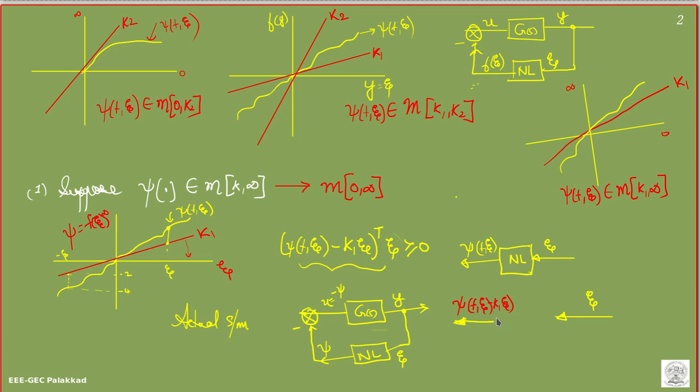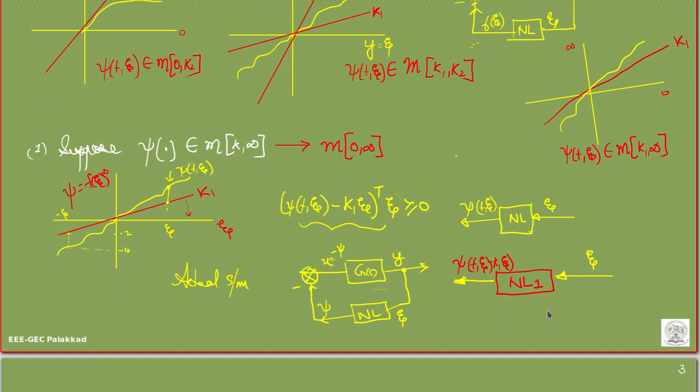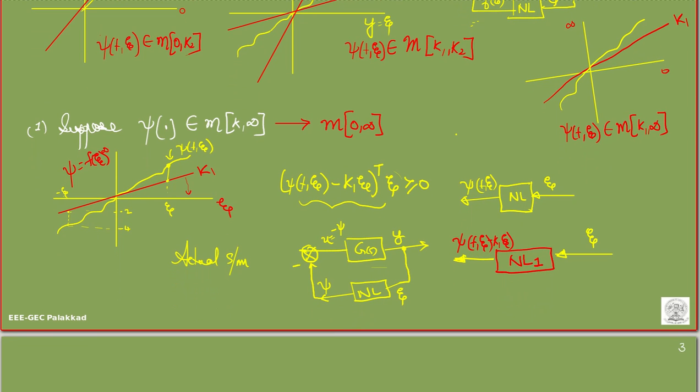I should have a new block, a new system here, which transforms zeta to this part. Call it new NL1. So what should that nonlinearity be, so that this is phi of t comma zeta minus k1 zeta? We will see what that will be.